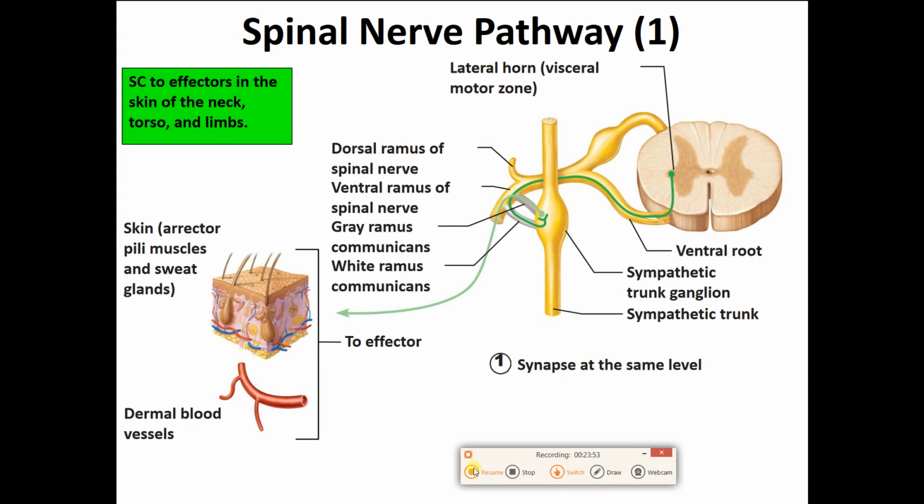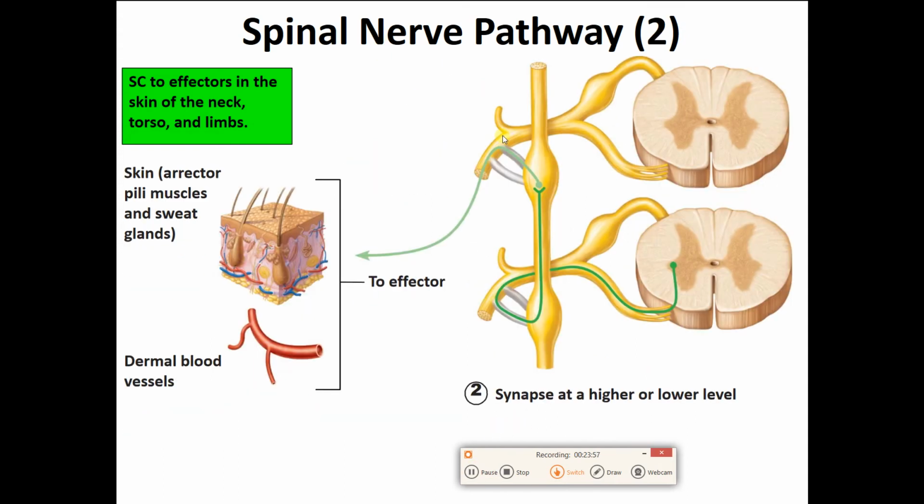All right. If there's a spinal nerve pathway number 1, as you might have guessed, there's a spinal nerve pathway number 2. It's just another way we get to skin in the neck, torso, and limbs.